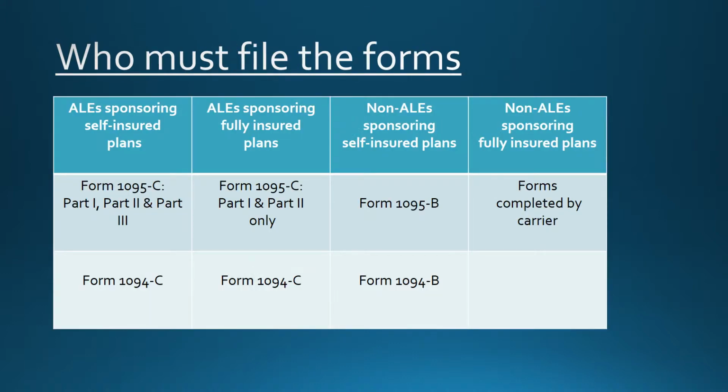All applicable large employers offering self-insured and fully insured plans must file Forms 1094C and 1095C. Self-insured sponsored plans will complete Parts 1, 2, and 3, while fully insured sponsored plans only complete Parts 1 and 2 of Form 1095C.